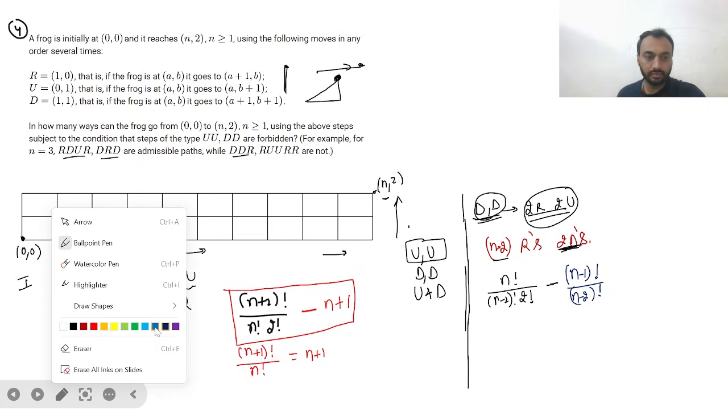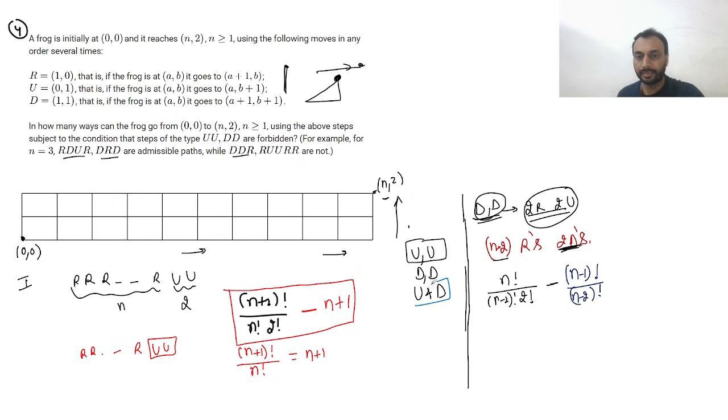Then the third case is when we are using 1U and 1D. There is no restriction here, because U and D can come together. In this case, 1U and 1D gives 2 steps up, and the D also covers 1 unit to the right.